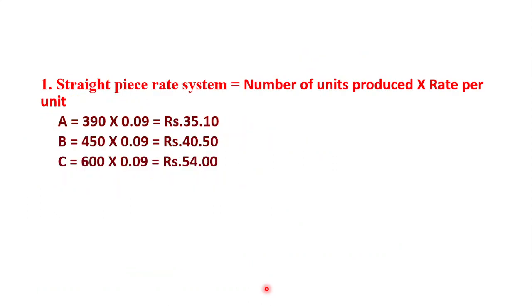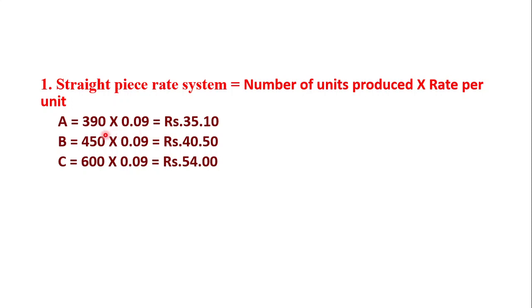Now straight piece rate we are going to calculate. Number of units produced into rate per unit is the formula for straight piece rate system. We need to calculate for all 3 workers A, B, C. Output is already given in the problem, 390, 450, 600 respectively for the workers, and rate per unit we have calculated as 0.09.